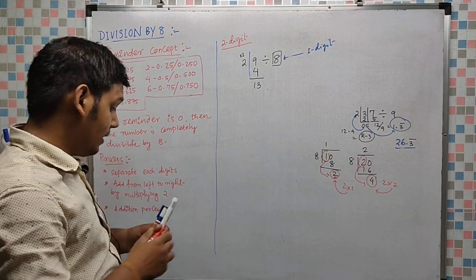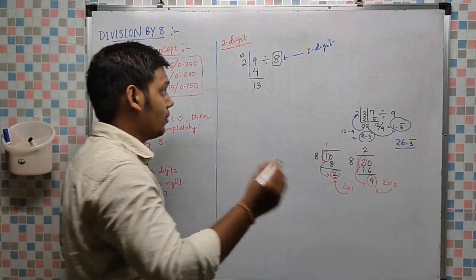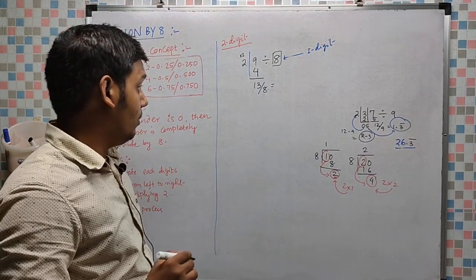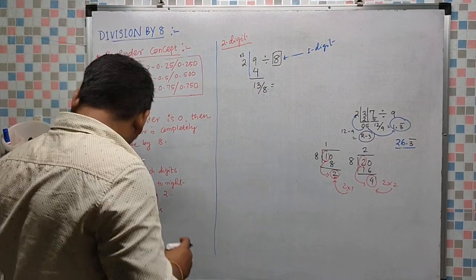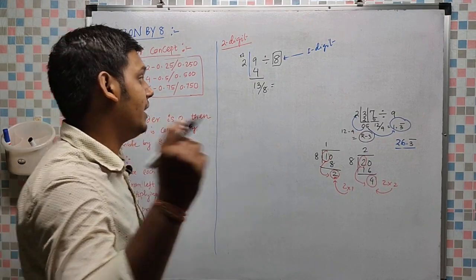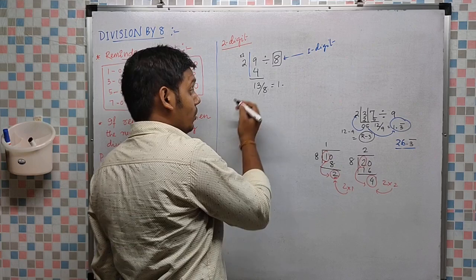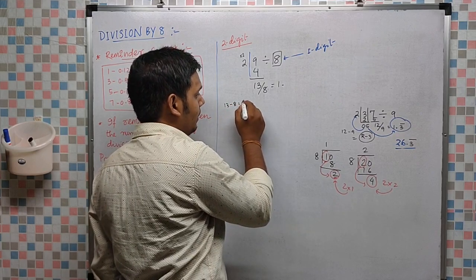Now 13 is the final sum, and we have to divide it by 8. How many times can I take 8 in 13? One time I can take. 8 1s are 8; 8 2s are 16, which is more, so 1 I will keep here. Now the remainder is 13 minus 8, which is 5.